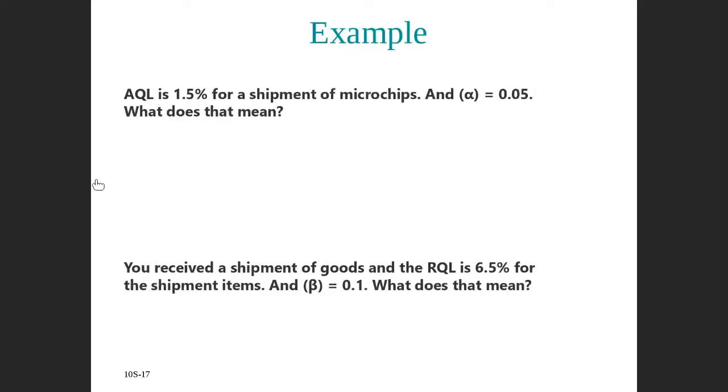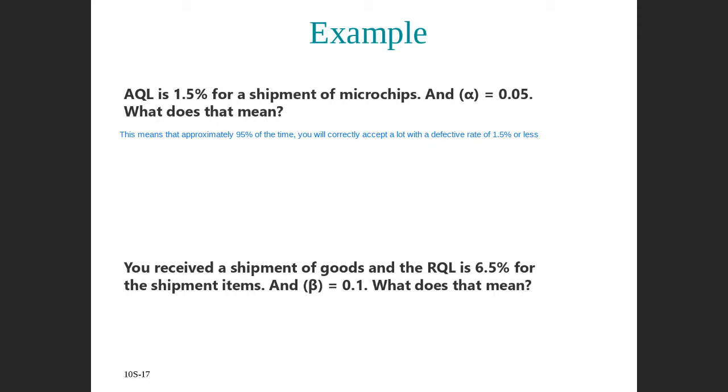We interpret it by saying, we will write, this means approximately 95% of the time you will correctly accept a lot with a defect rate of 1.5% or less.